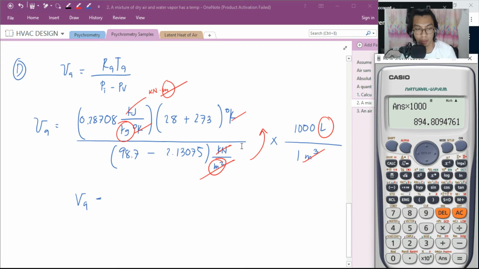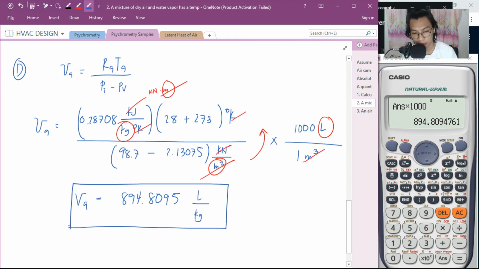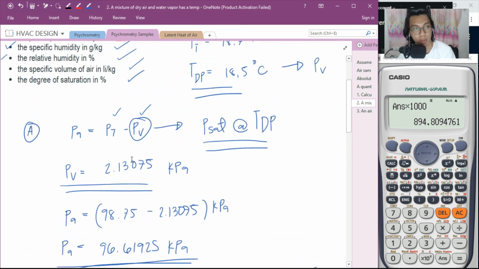Yun. So, the specific volume of air is 894.8095 liters. May L na lang, liters per kilogram. Magaan yung hangin mo. Masyado magaan. Ilang litro per kilogram.